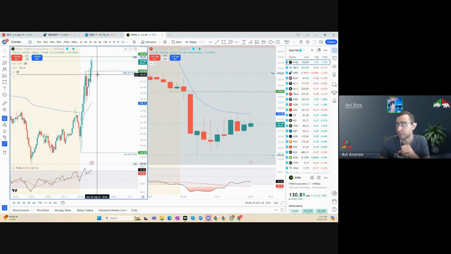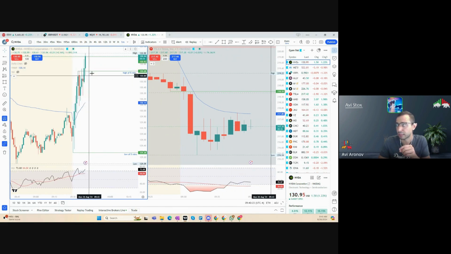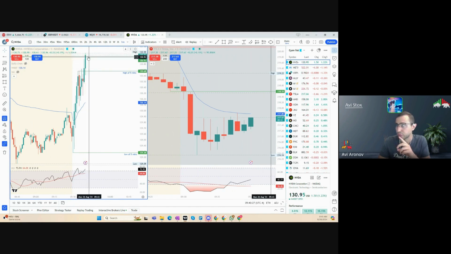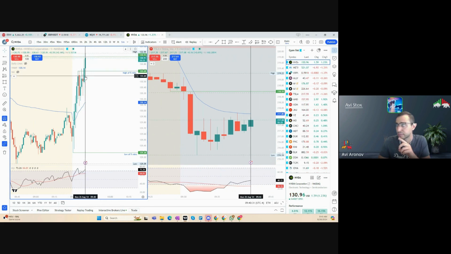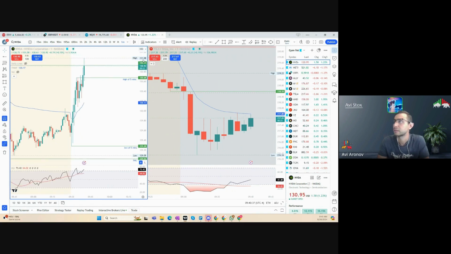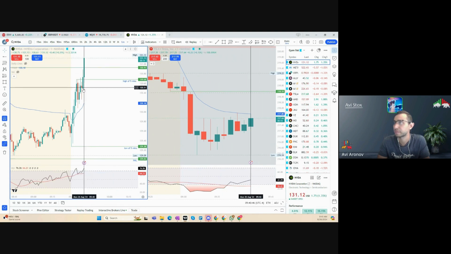It could have been a better trade than this one that I had here. However, I would prefer to enter into a retest of that high of day. At a retest of a high of day, I will enter more freely.